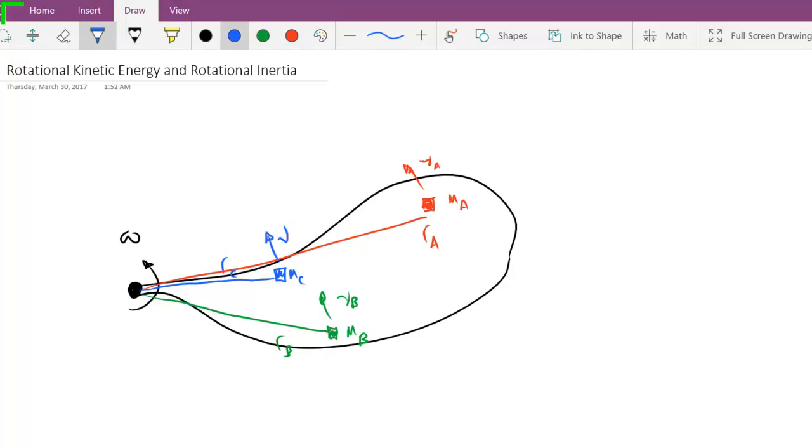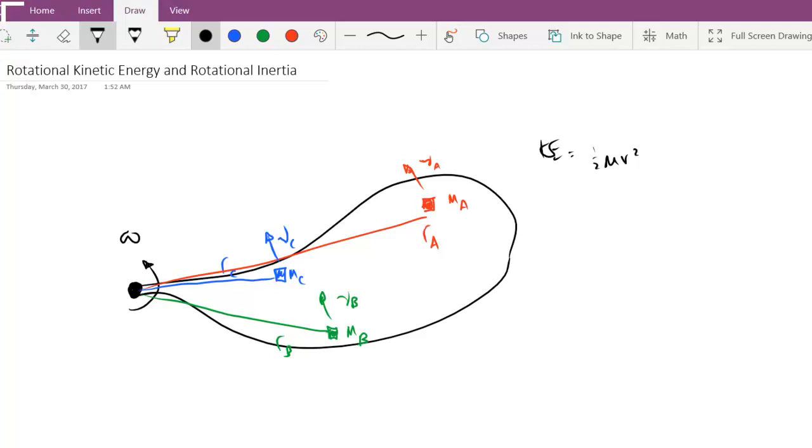We'll call this VC. Now, the linear kinetic energy of each of these points, remember that kinetic energy is 1/2 mass times the velocity squared, or really just the speed squared. Once you squared the velocity, it lost its directionality, right?